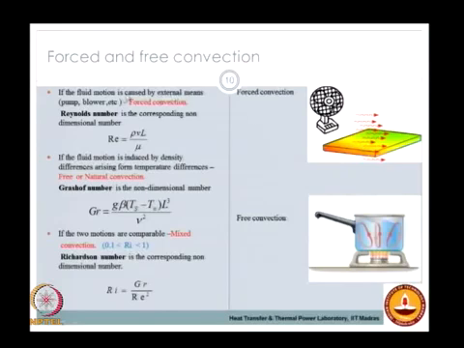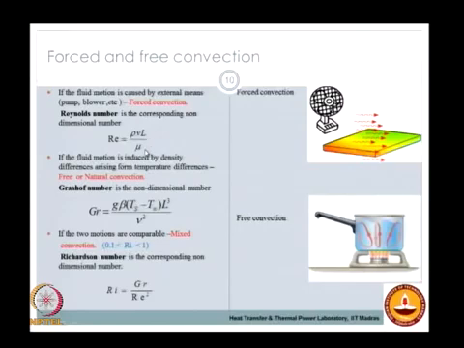Now if you use a large scale pump or a blower, you need substantial pumping power to pump the fluid past the surface, and therefore you need a mechanical aid to drive the convection process. This is called forced convection, where the fluid motion is caused by external means, and here to characterize the flow we use what is called the Reynolds number, which is the ratio of the inertial force to the viscous force.